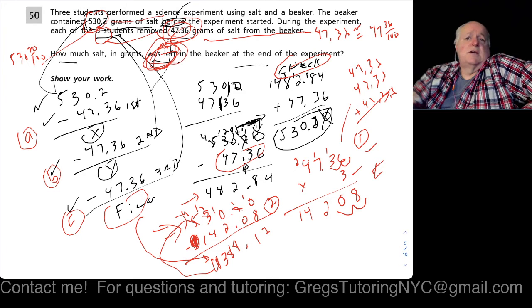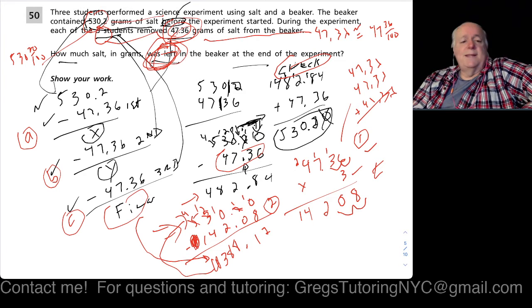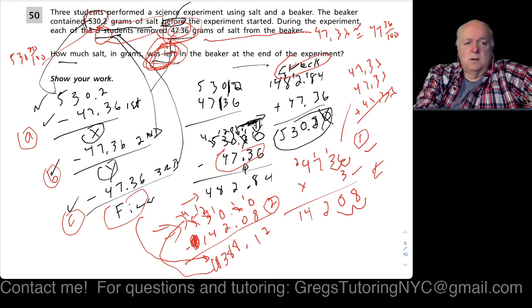Sometimes they may give us a subtraction using the word difference. That was not the case here. But they could have said what was the difference between the original amount in the beaker versus how much was left. But we're not looking for the difference here. We're looking for the total quantity of salt left in the beaker, or wherever it came from.